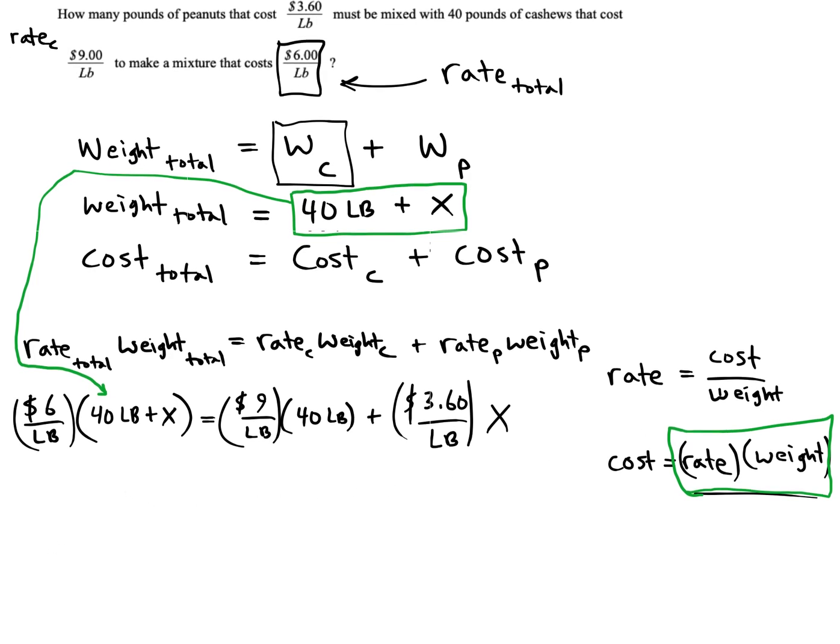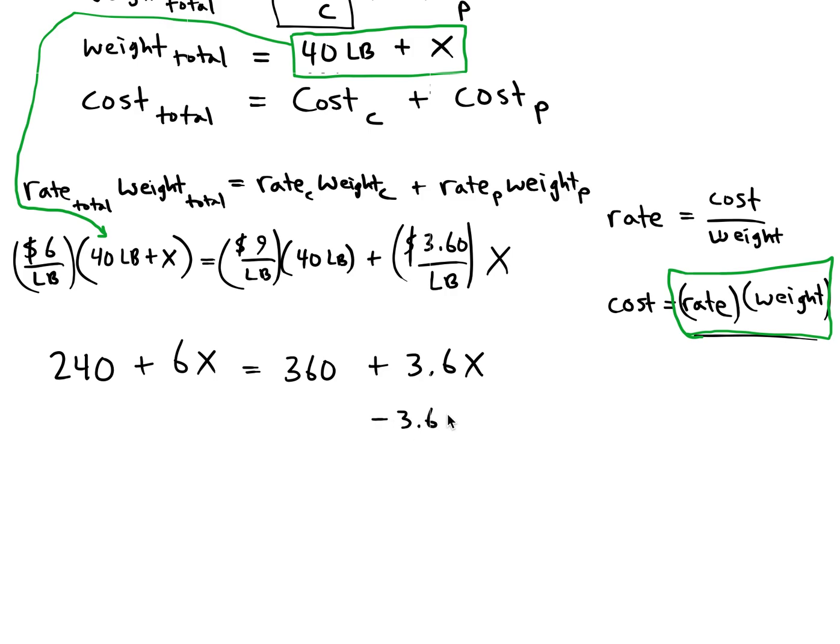At this point, I can remove the units, but we'll assume that the units are there. It just makes the algebra a little bit easier to do. So we'll have 240 plus 6x, if we just distribute that 6, equals 360 plus 3.6x. And we're just wanting to solve for x.